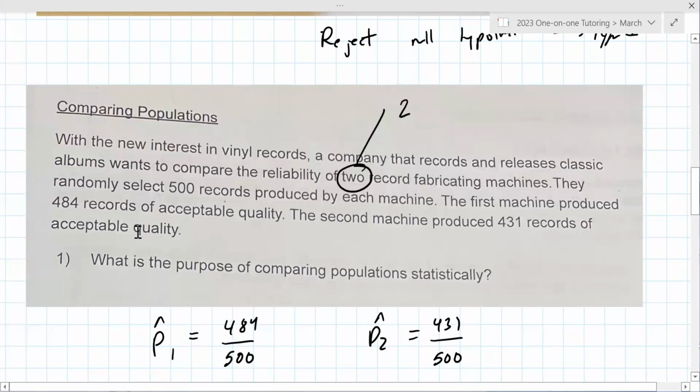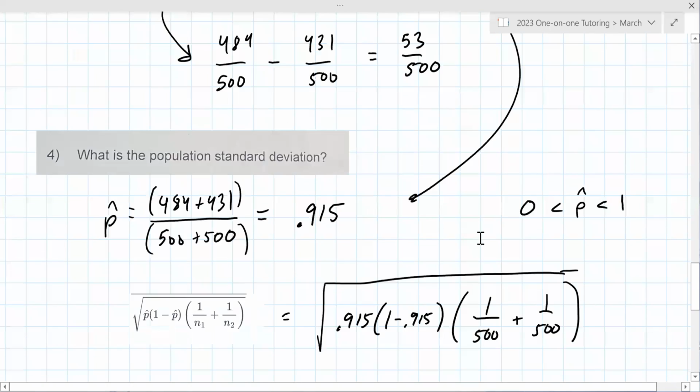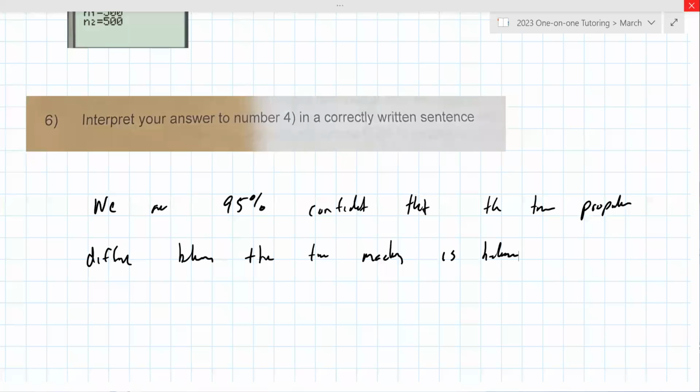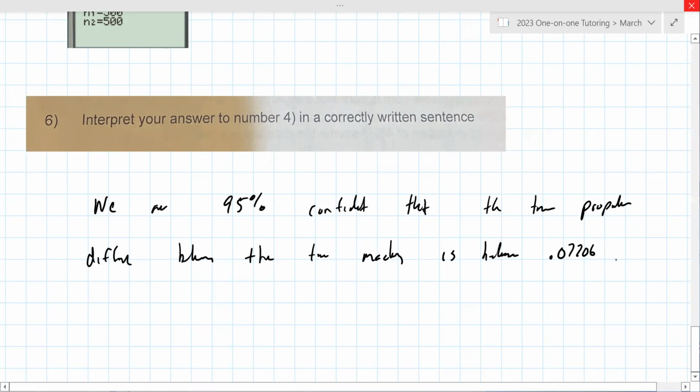So you're comparing between the 2 machines. Between the 2 machines is between, and that's when you give the two numbers that you found in the test there, 0.07206 and 0.13994, like that. Okay.